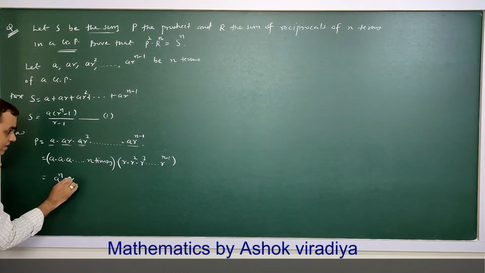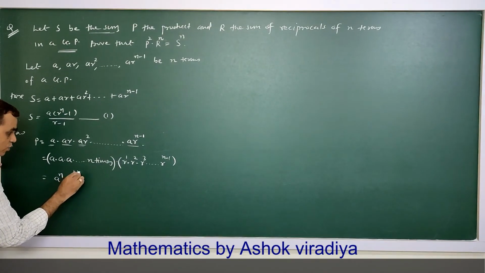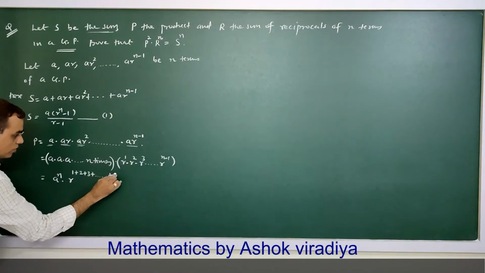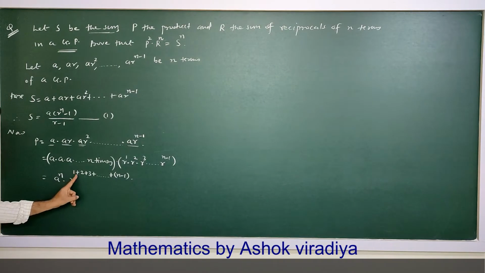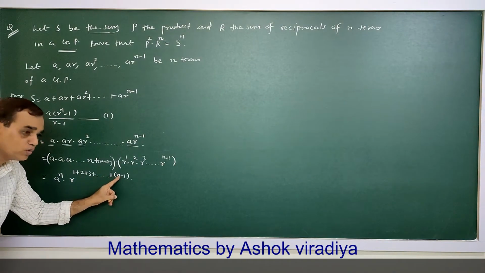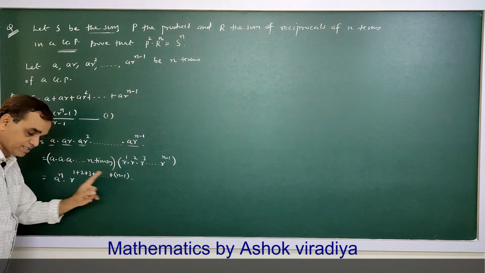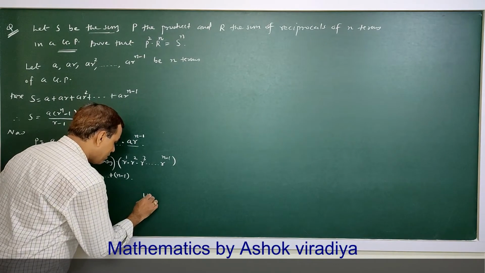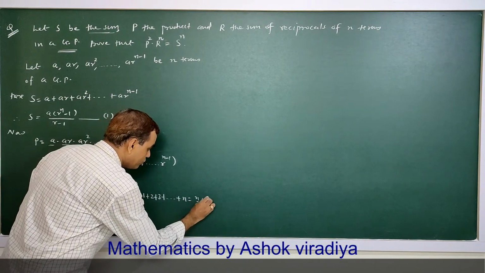Here the bases are the same, so we sum the indices: 1 plus 2 plus 3 plus up to n minus 1. This is the sum of the first n minus 1 natural numbers, not n natural numbers. We know the formula for the sum of n natural numbers is n by 2 into (n plus 1).